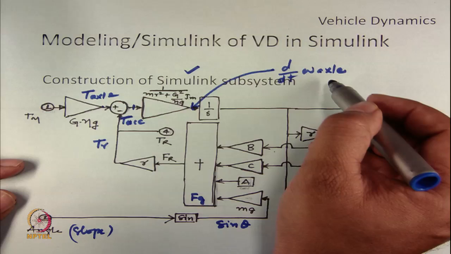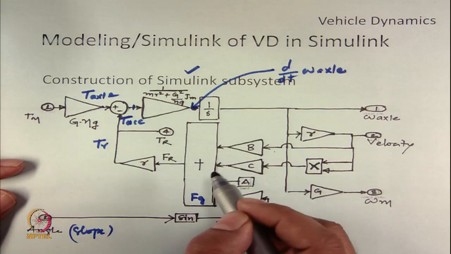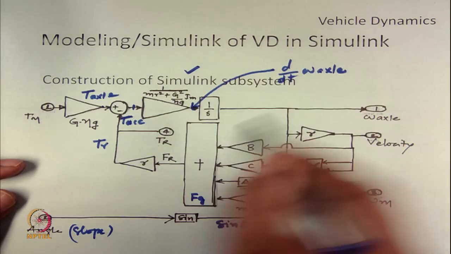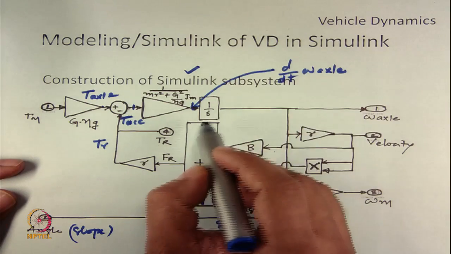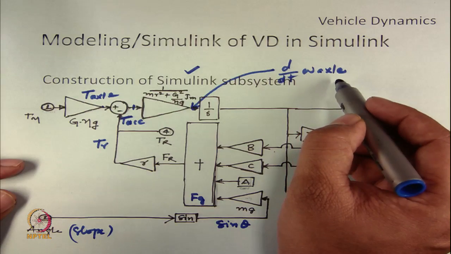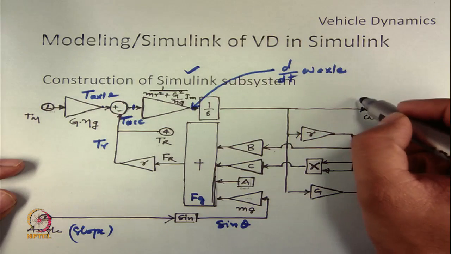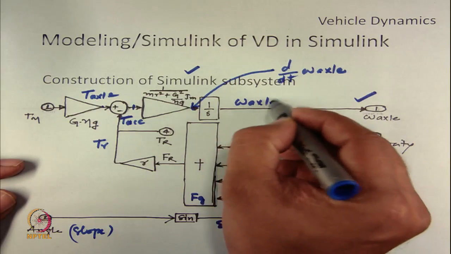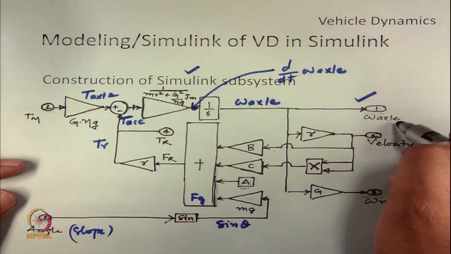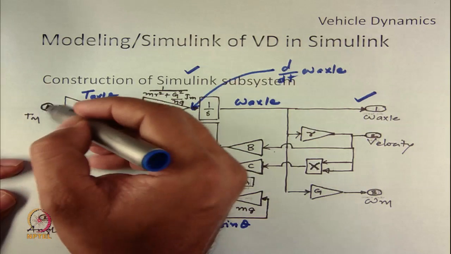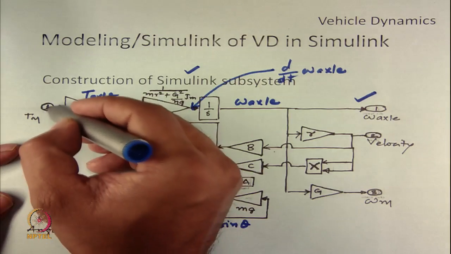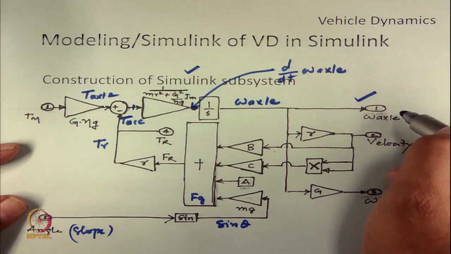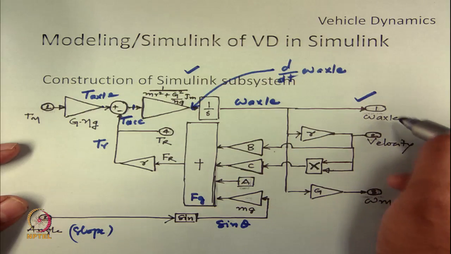So, this is angular acceleration. So, once we have the angular acceleration, if we integrate this angular acceleration, we will get the angular velocity itself. So, here the output is omega axle. So, you can see that it is omega axle. So, inputs of the system are, one is T m, two is angle. One of the outputs of the system is omega axle.